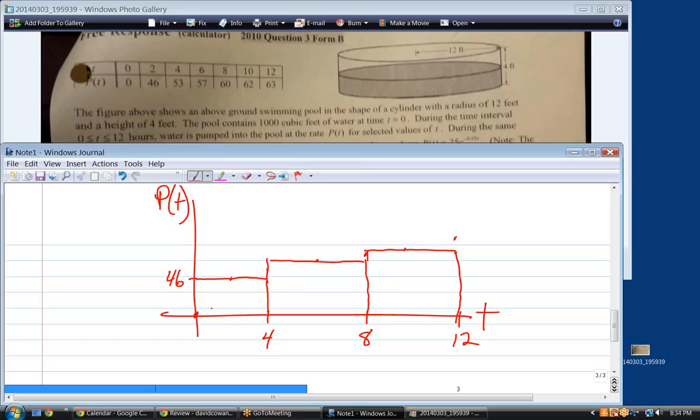So the amount of water that was pumped into the pool is the area under the curve. Integral as net change.